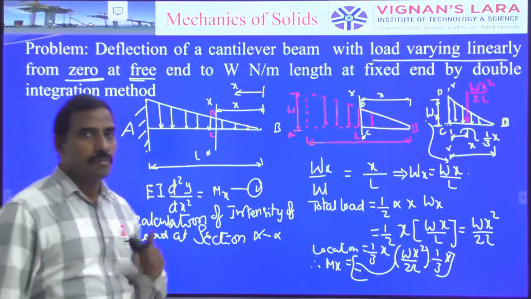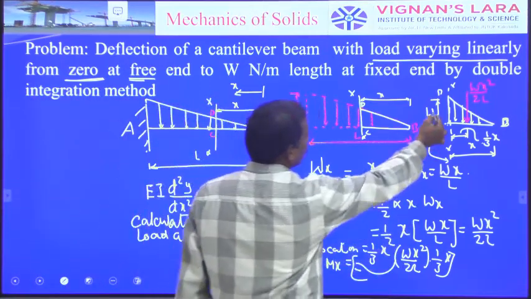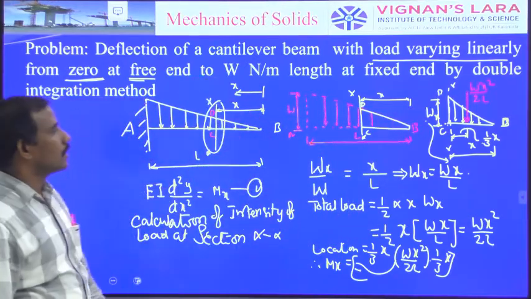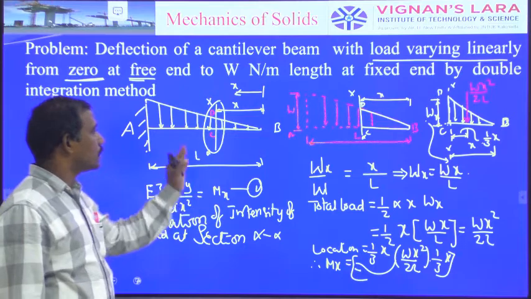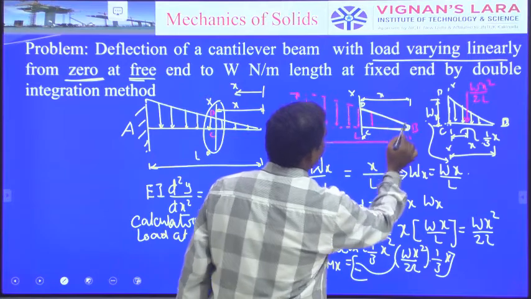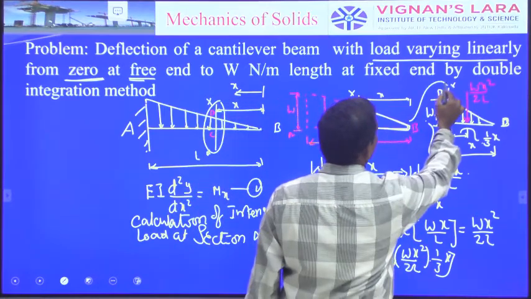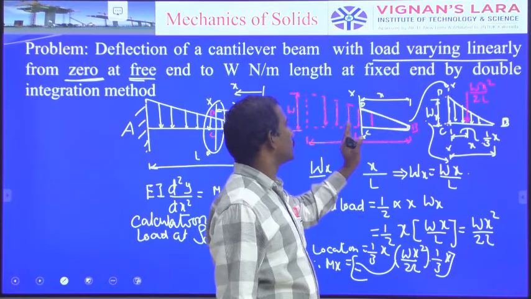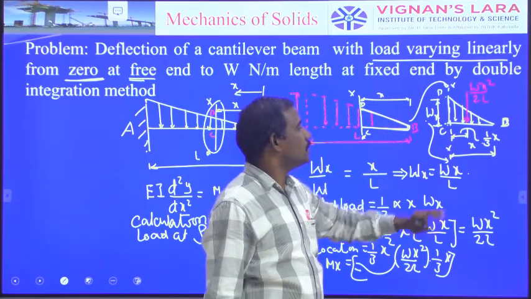So here we have to remember only one point: calculation of intensity of load at section XX. This is the only new thing. For that we considered a part of the triangle as shown in this figure with the yellow color, reproduced for our convenience. The height of the portion between section XX and B is Wx, and the base is x.